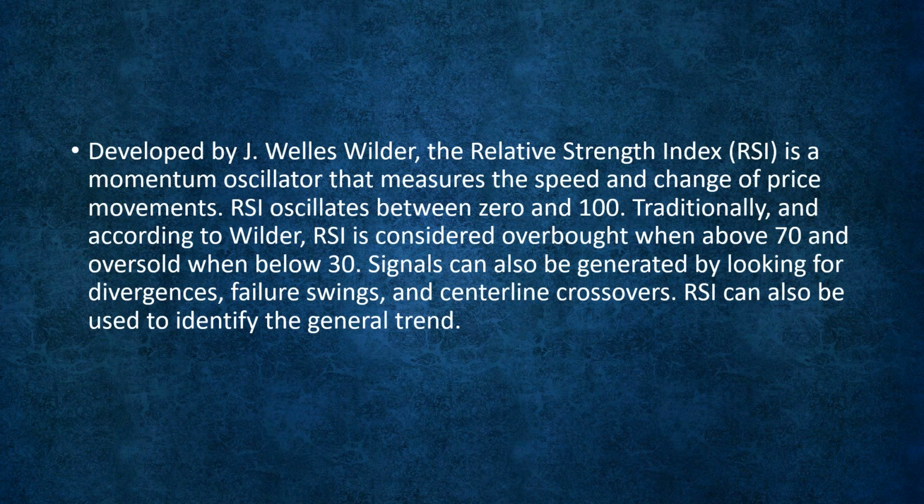So traditionally, and according to Wilder, RSI is considered overbought when the calculation comes in above 70 and oversold when it's below 30. Signals can be generated by looking for divergence, failure swings, and centerline crosses. RSI can also be used to identify the general trend.